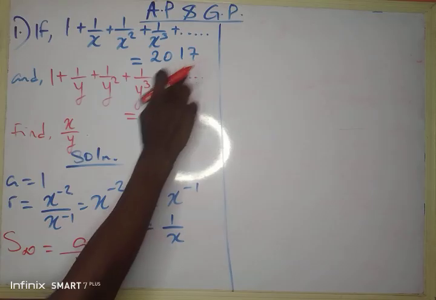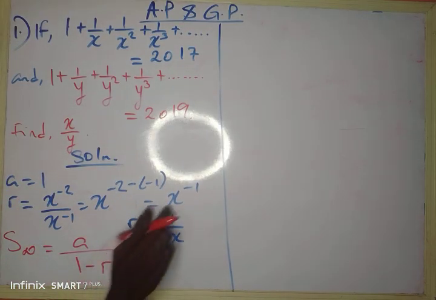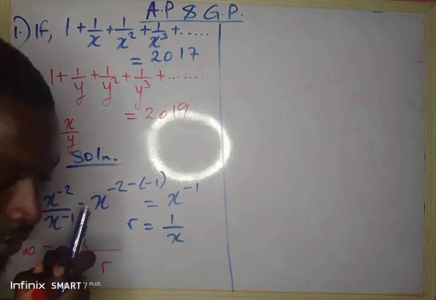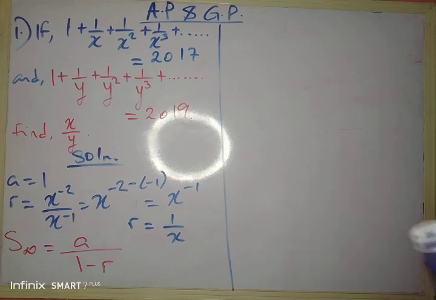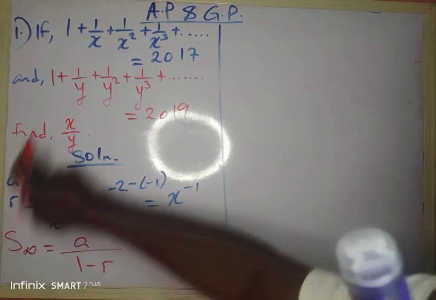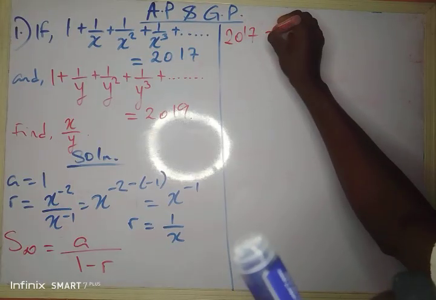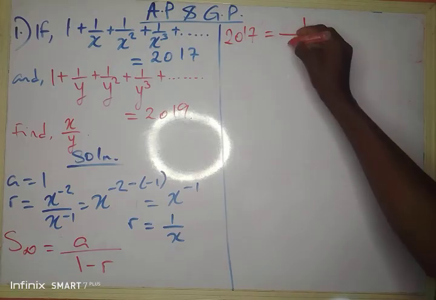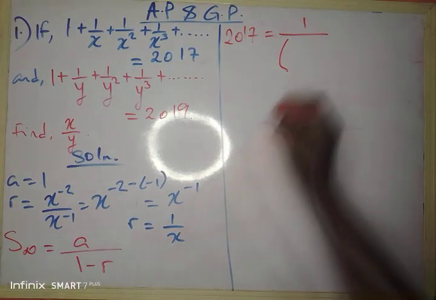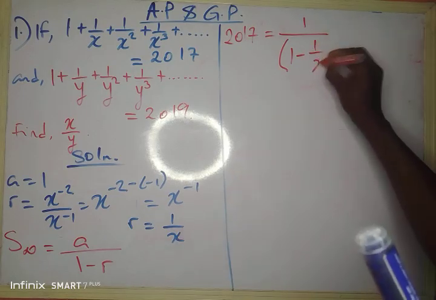Let's say it is 2017. My A is also 1. Then my R is 1 over x. So from here I can get this solved easily. Now, how do I solve this? I can say my sum to infinity, which is equal to 2017, equals my A, which is 1, over, in brackets, 1 minus R. What's R? 1 over x.